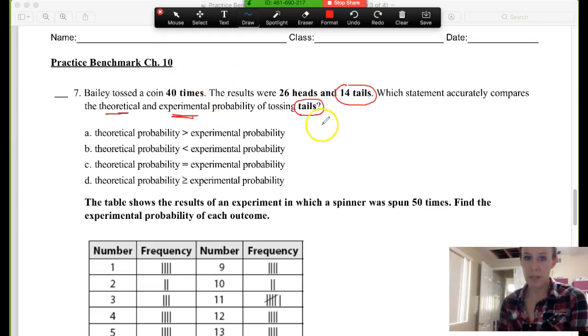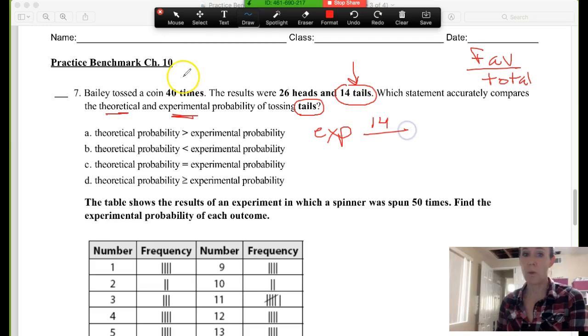So let's look at the experimental first. Okay, remember, favorable out of total is our probability. When we're looking at tails, the favorable, what actually happened was 14. And the total is 40. Now that's what happened in our experiment.